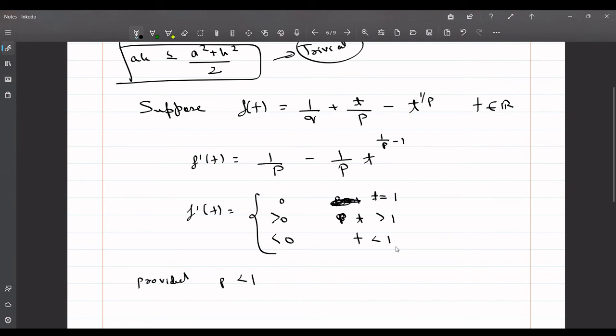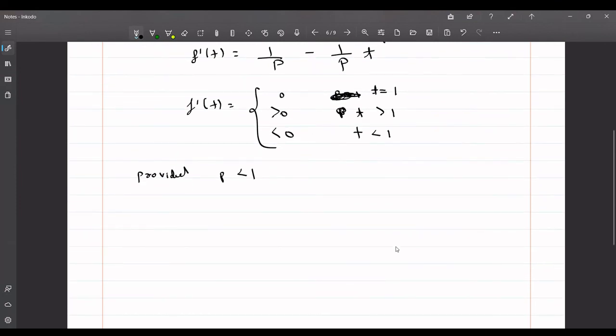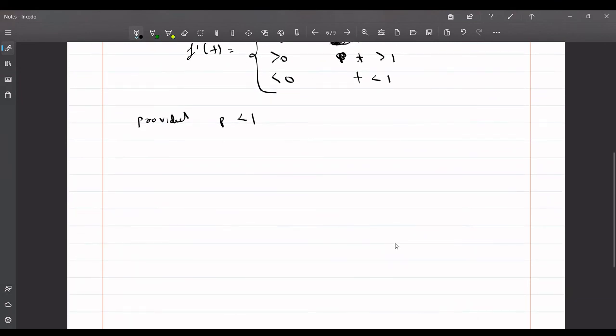Now this definition basically gives us the following. If we plot this function, and say this is t equals 1, it touches the x-axis at t equals 1.